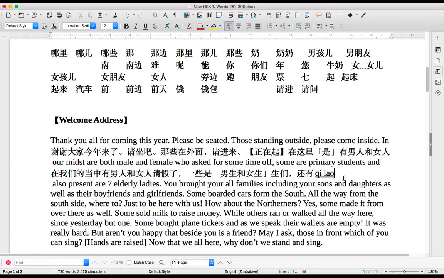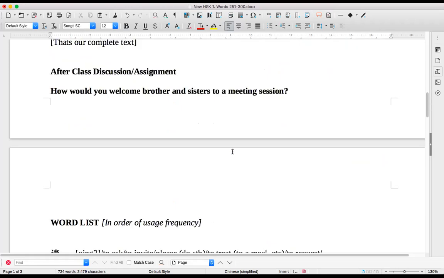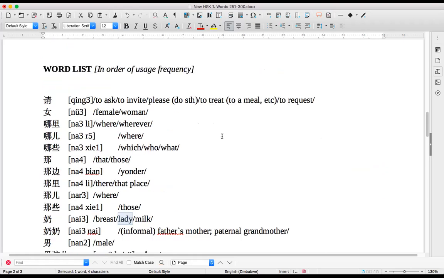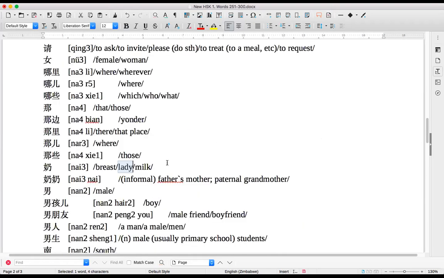还有老 so there are two ways you could do this. 老女人, all right. And the other one, if you saw, we had 9. This one here. Oh, lady. That's right. And then they will also say 99, for grandmother. Grandmother. That's right.